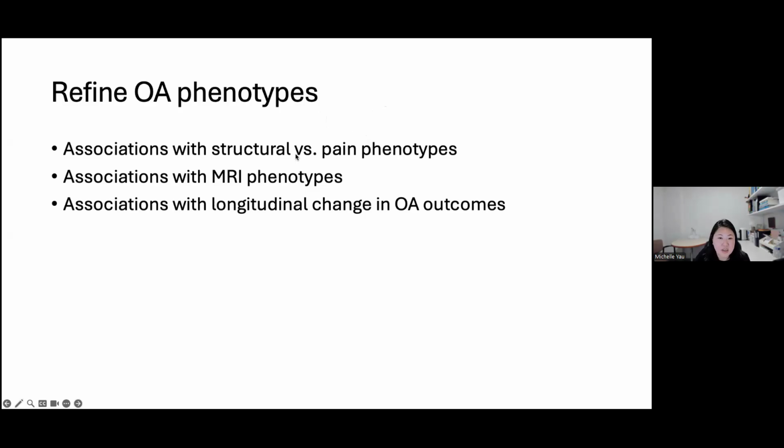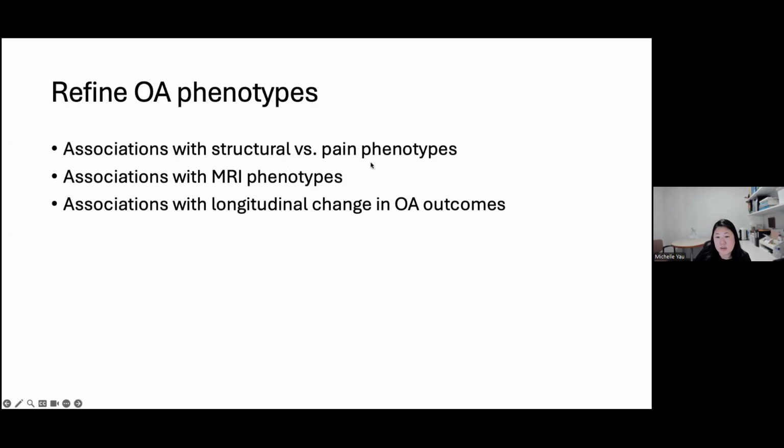Additionally, OAI provides the opportunity to look at a number of imaging phenotypes that are not available in other cohorts or biobanks. And so there you can take the GO Consortium GWAS variants and look to see how those are associated with novel MRI phenotypes, for example, or any other imaging phenotypes. I think a number of people are doing machine learning on some of these images, and there could be some novel phenotypes derived from those efforts.